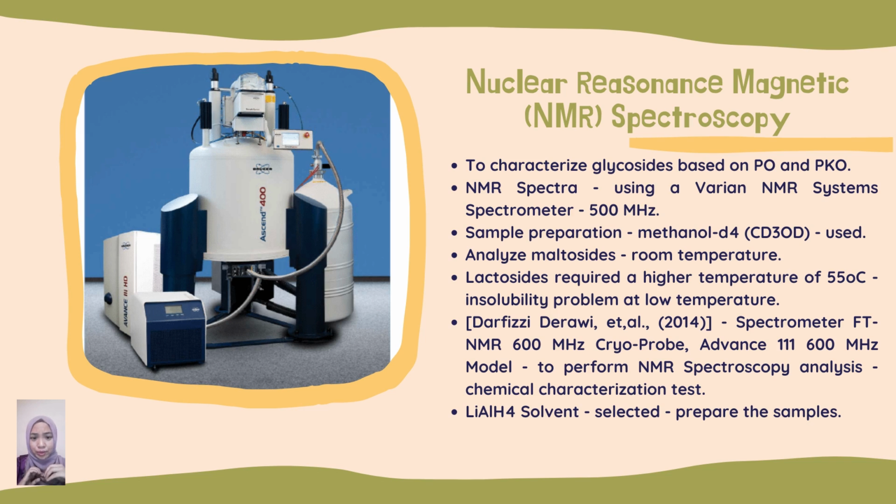In the sample preparation, the solvent methanol D4 was used. Other than that, chloroform D was also used in this experiment. The maltosides were then analyzed at room temperature. However, the lactosides required a higher temperature of 55 degrees Celsius due to an insolubility problem at lower temperature.